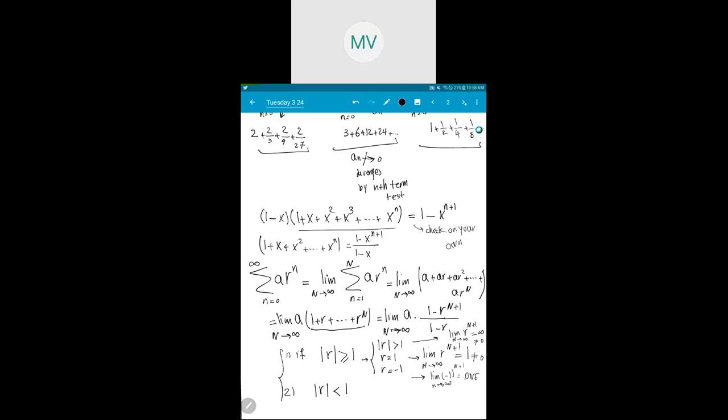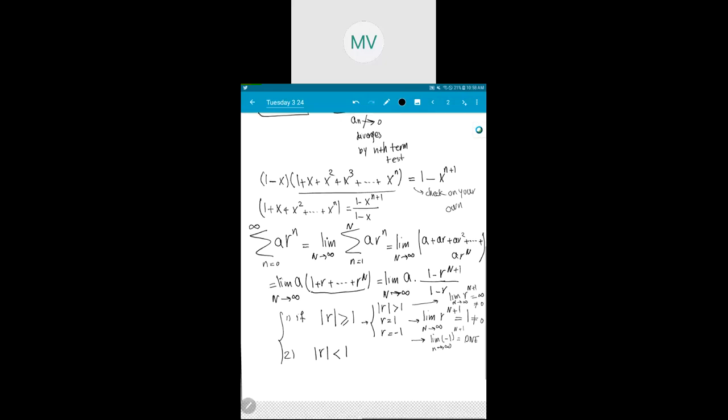So we only continue arguing when the absolute value of R is strictly less than 1. Because in this case, the limit of R to the n plus 1 as n goes to infinity is 0.